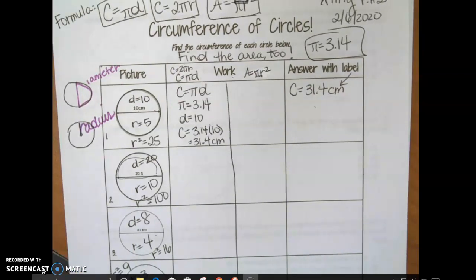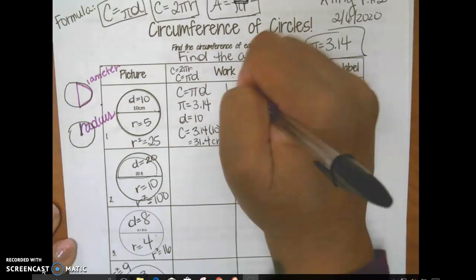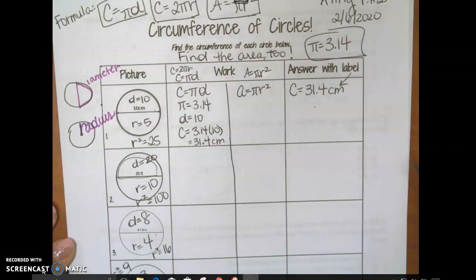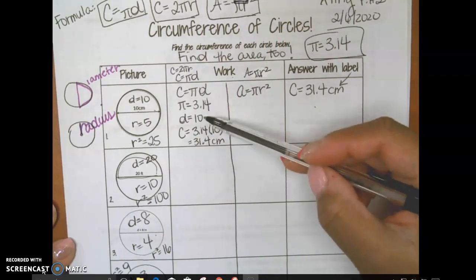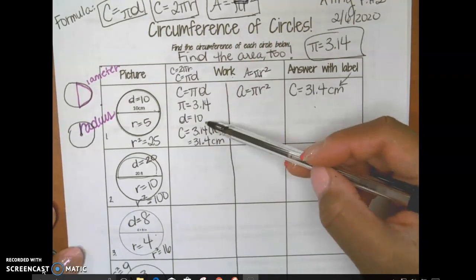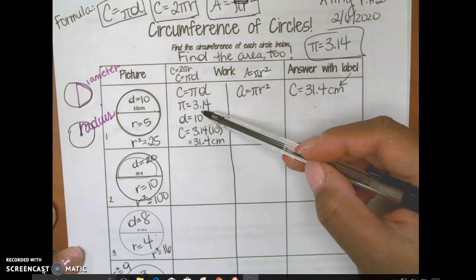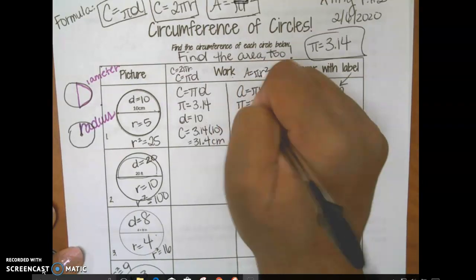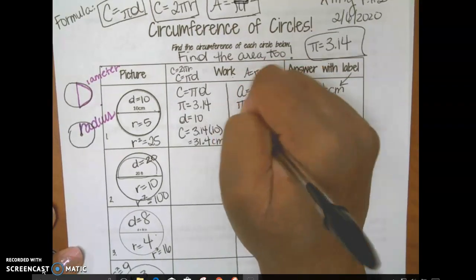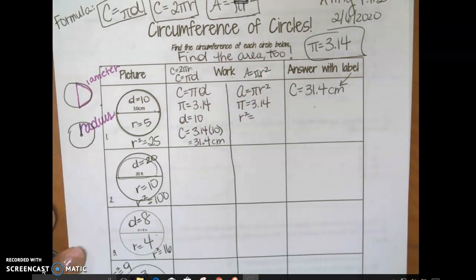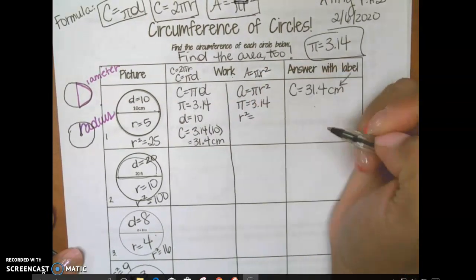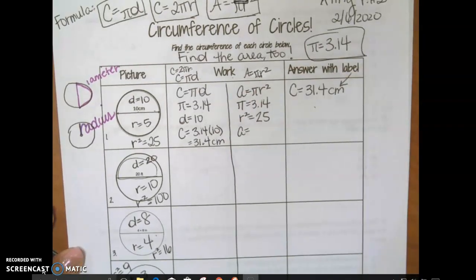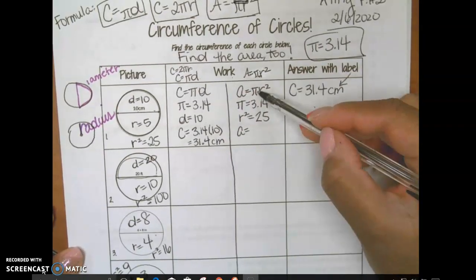Now I'm going to find area. Area equals pi times radius squared. I'm doing the same thing. I am defining the parts of my formula. What is pi equal to? 3.14. And what is my radius squared equal to? 25. Now I'm going to plug them in. What goes first?